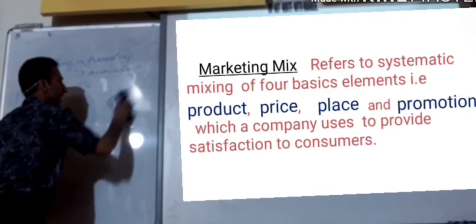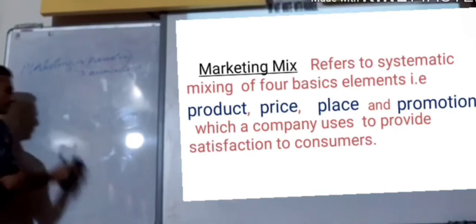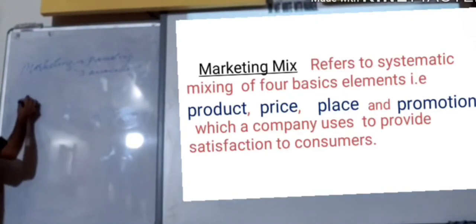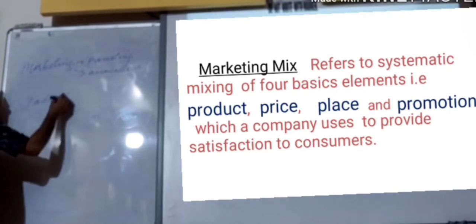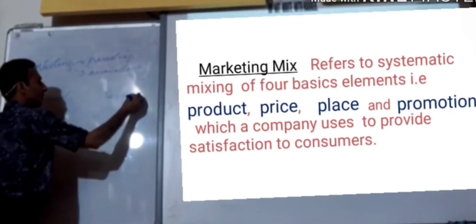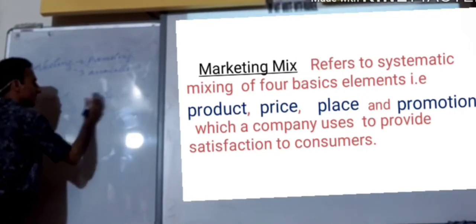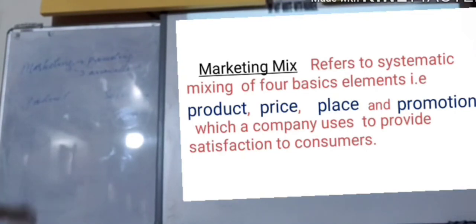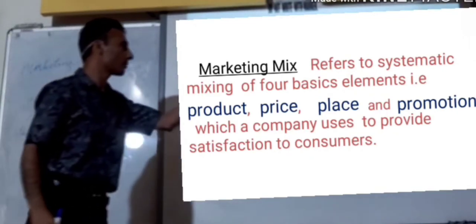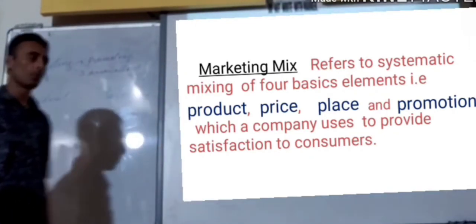Now when we talk about the marketing mix, in the market you have product and you have services. A business organization may deal with product or services. For product you have 4p's. This is the marketing mix for the product. What are these 4p's? Product, price, place, and promotion.